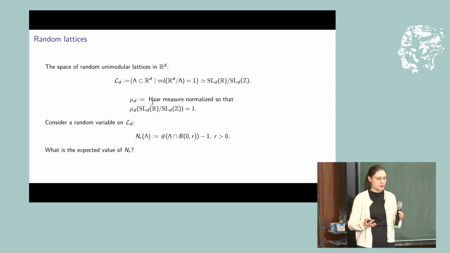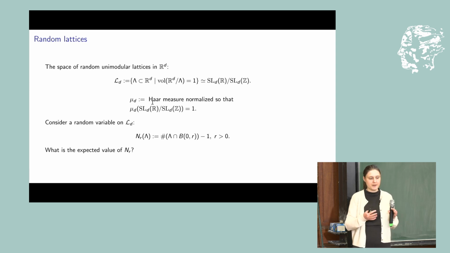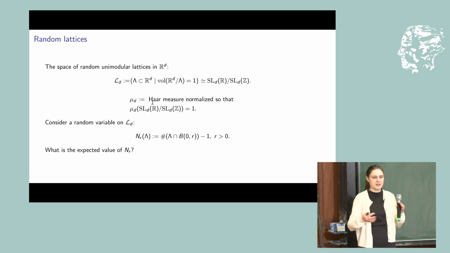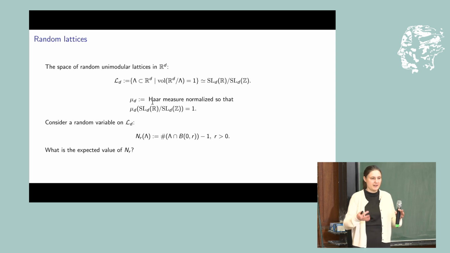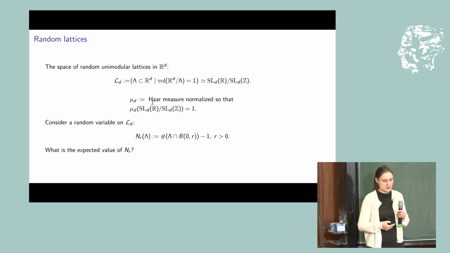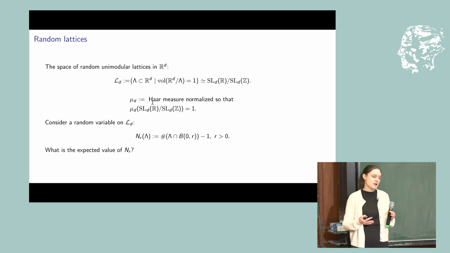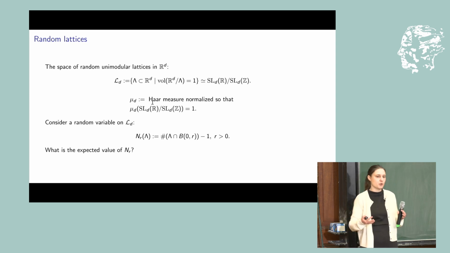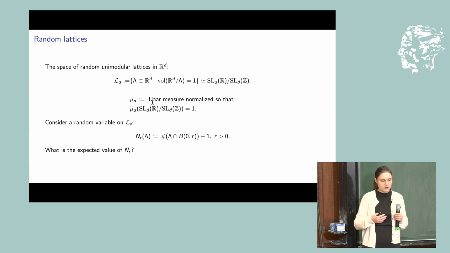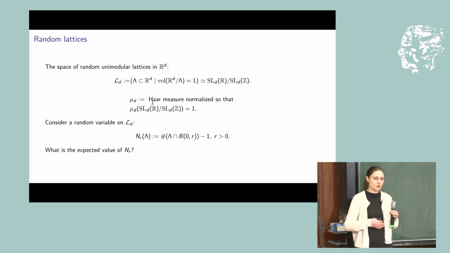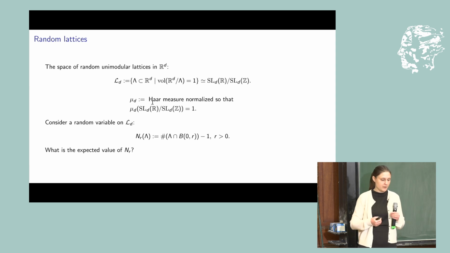So first of all, we need to construct this space of random lattices, because I tell you what the random lattice is, but then as mathematicians, we actually would like to have a space, and we would like to have a probability measure on it, and then we truly believe that we do have a random space. And for lattices, there is a very natural way of doing it, because we have this big algebraic group, SL_d(R), the group that acts on the space of lattices.